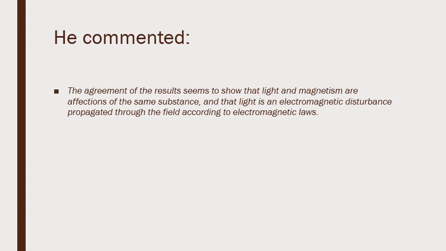And the agreement of those results, the velocity of the electromagnetic wave being equal to the velocity of light, seems to show that light and magnetism are affections of the same substance, and that light is an electromagnetic disturbance propagated through the field according to electromagnetic laws. He established an interesting concept that light is an electromagnetic wave.